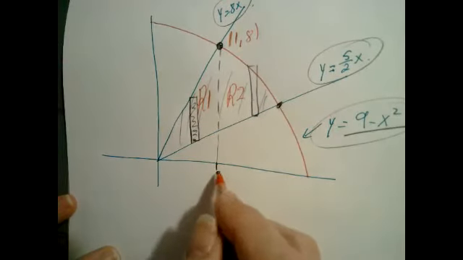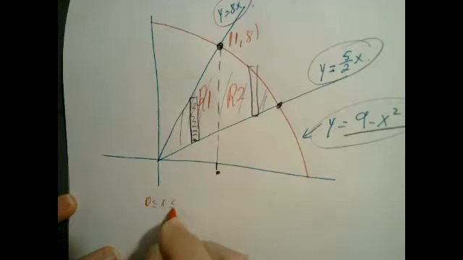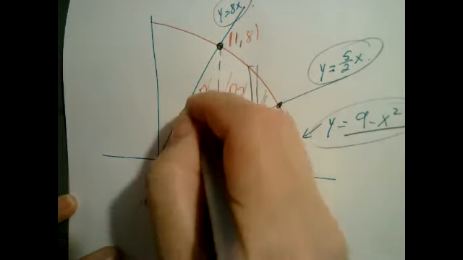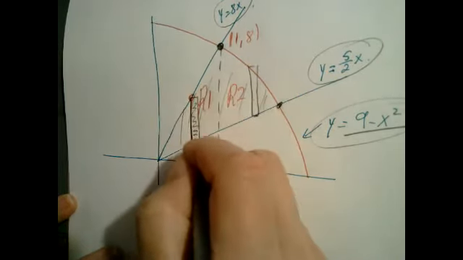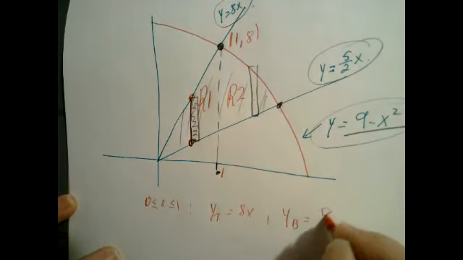So here you have to figure out if x is between 0 and 1, your top curve is 8x. That's the top curve. The bottom curve is y equals 5/2 x. So that's one situation.